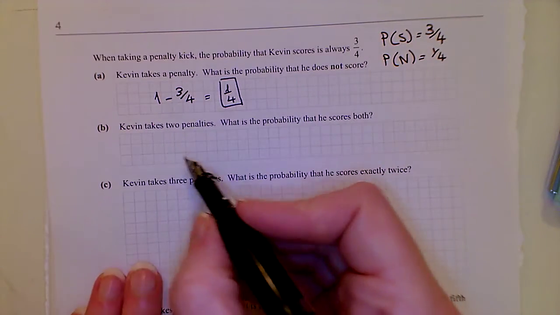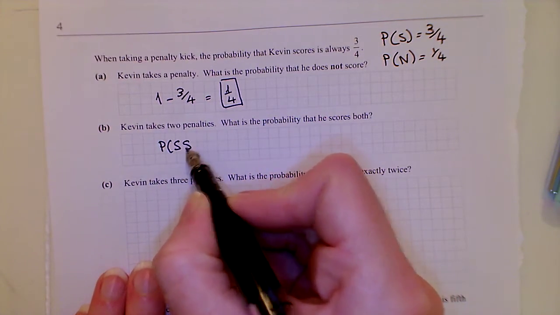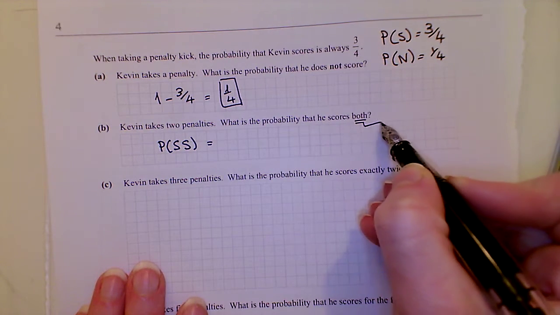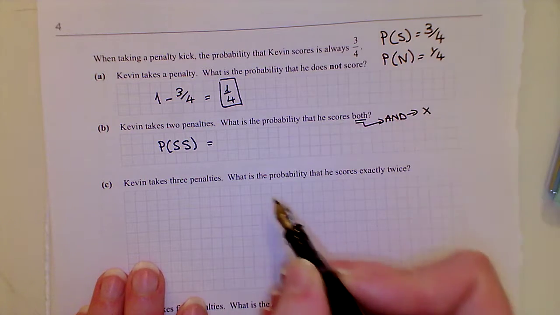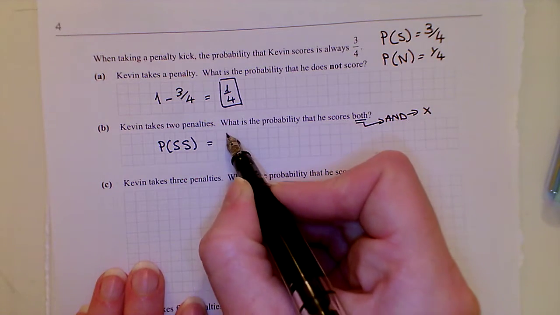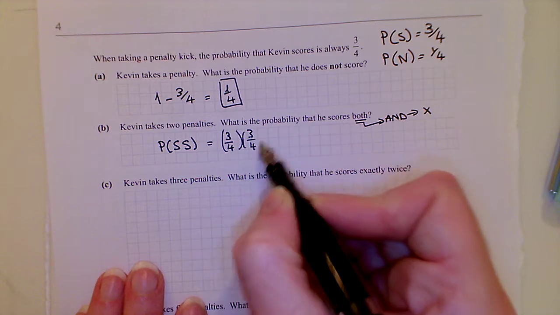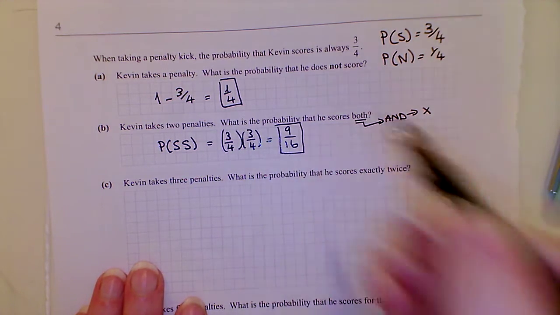So he takes 2 penalties. The probability that he scores both, he scores and he scores again. So remember, both means and, which means multiply. So he scores the first and he scores the second, and that is 9 out of 16.